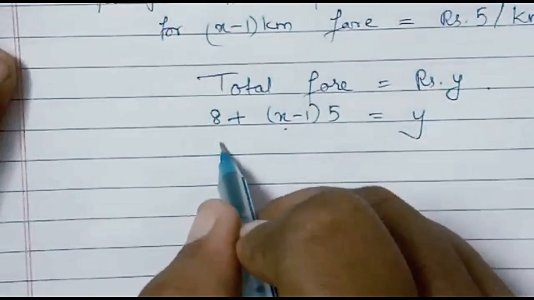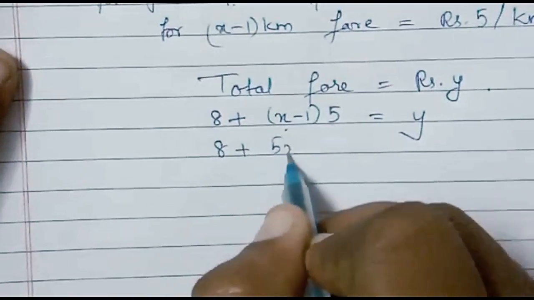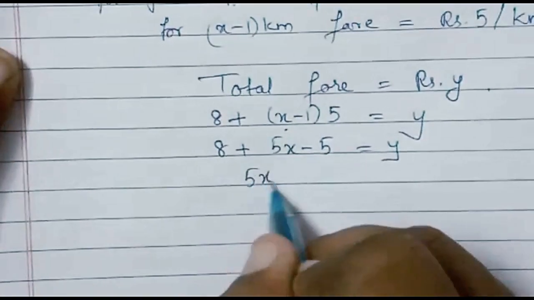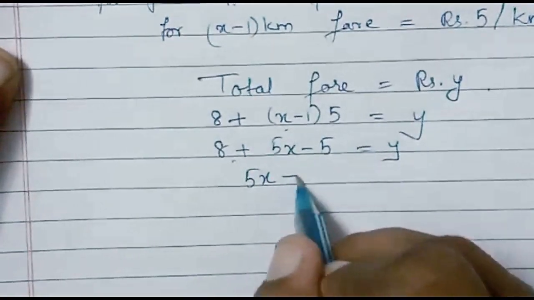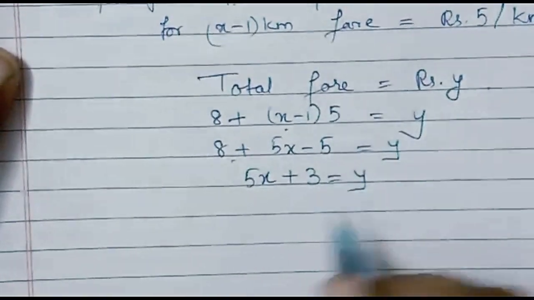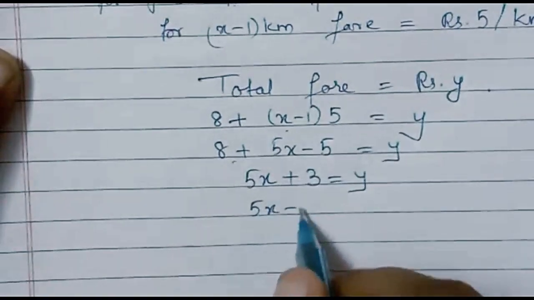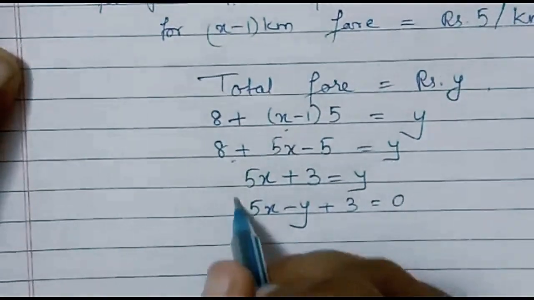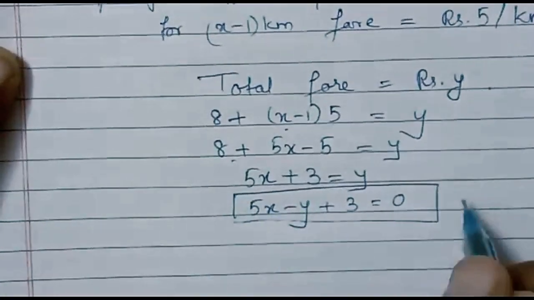And so when we open the bracket, we'll get 8 plus 5x minus 5 is y. So 5x, 8 minus 5 will be 3, plus 3 is equal to y. If you want to write it in the standard form, we will write 5x minus y plus 3 is equal to 0. So this is your equation number 1.